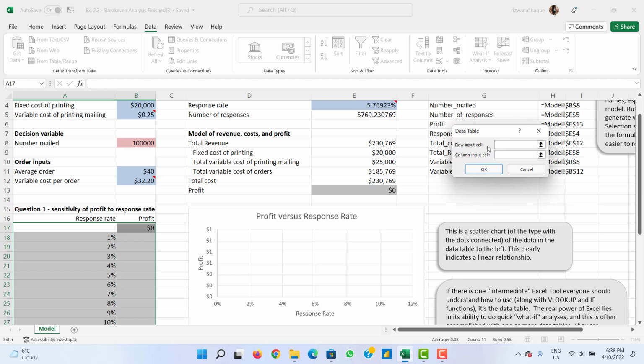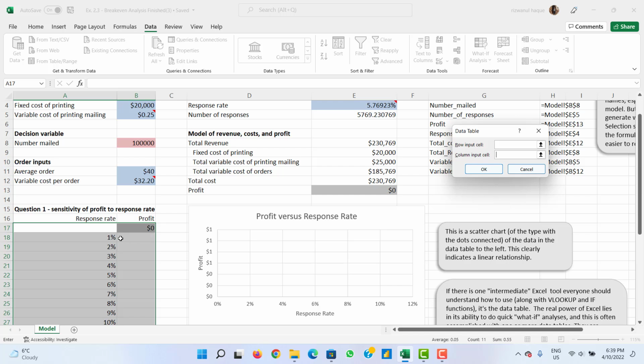There are two options: row input cell and column input cell. So which cell should I use? My row input cell is already filled up with the response rate, and the column input cell should be profit.